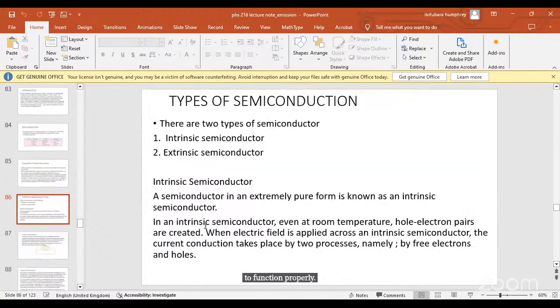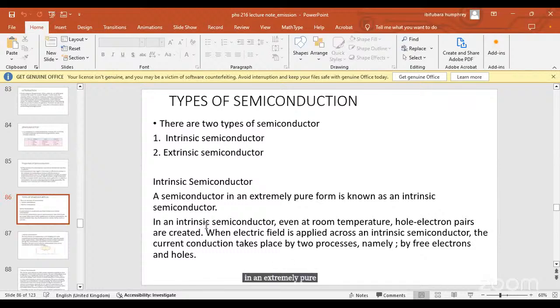So that leads us to types of semiconductor. There are 2 types of semiconductor. The first one is intrinsic semiconductor. The second is extrinsic semiconductor. Intrinsic semiconductor is semiconductor in an extremely pure form.